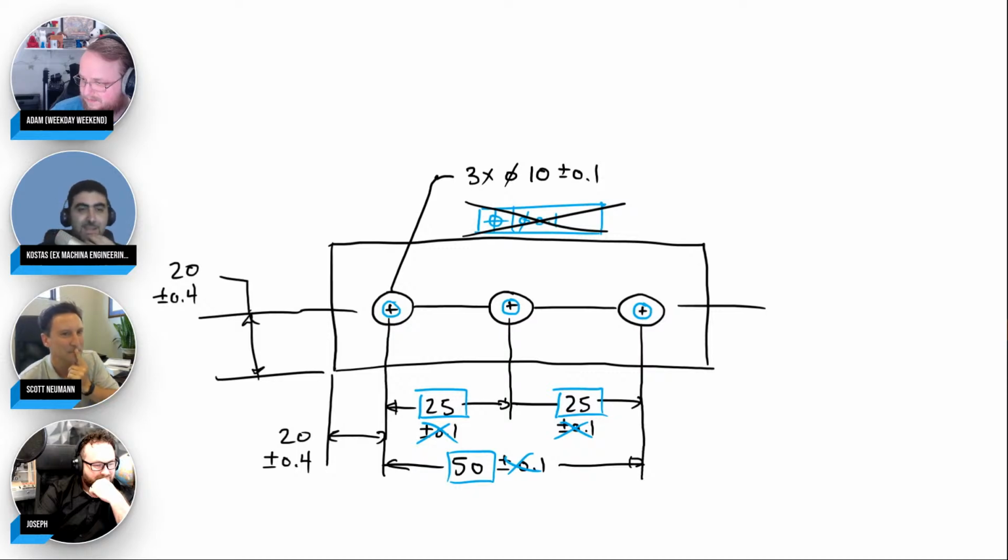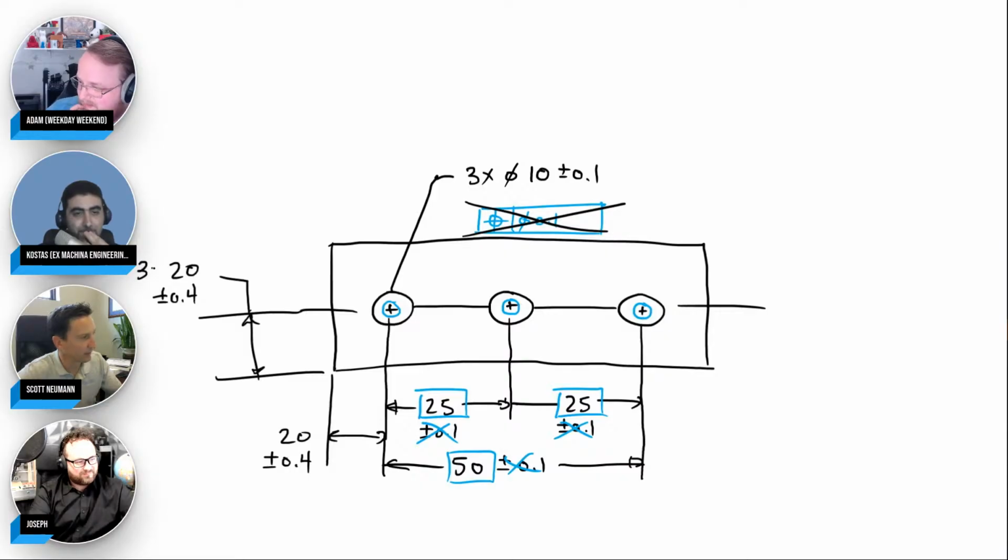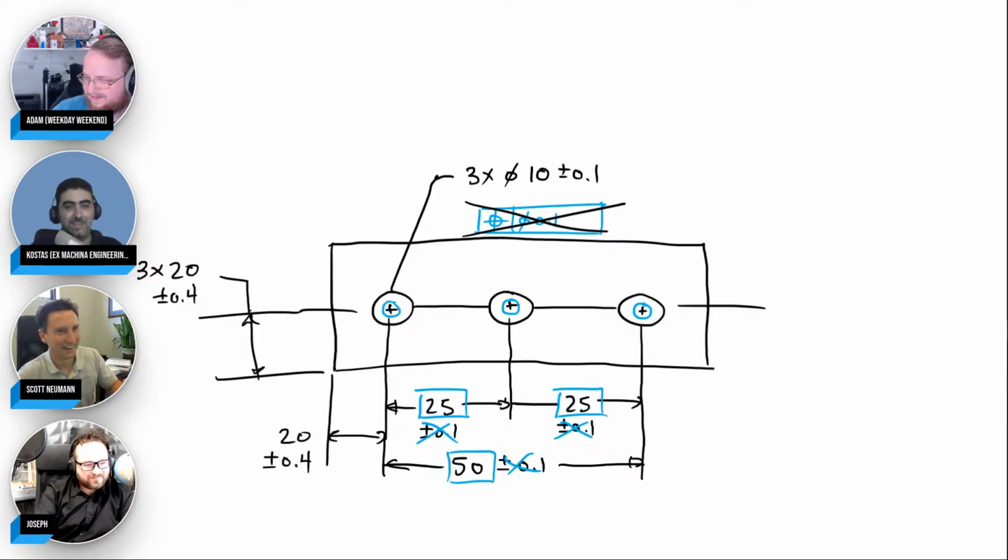I'm guessing one can go up and one can go down. Okay, what if I put a 3x on there? Now, are they together or separate? Now you're testing me. I would perceive it as them being a set now, yeah.